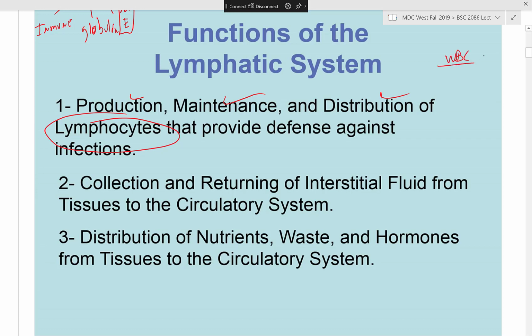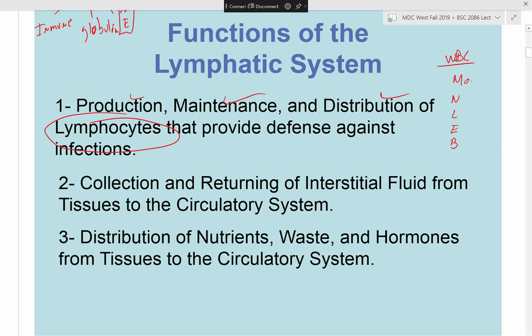Do you guys remember the white blood cells that we went over? What was the mnemonic? Mom. So the one I give is Mom never let me eat beans because I get gassy and bloated.